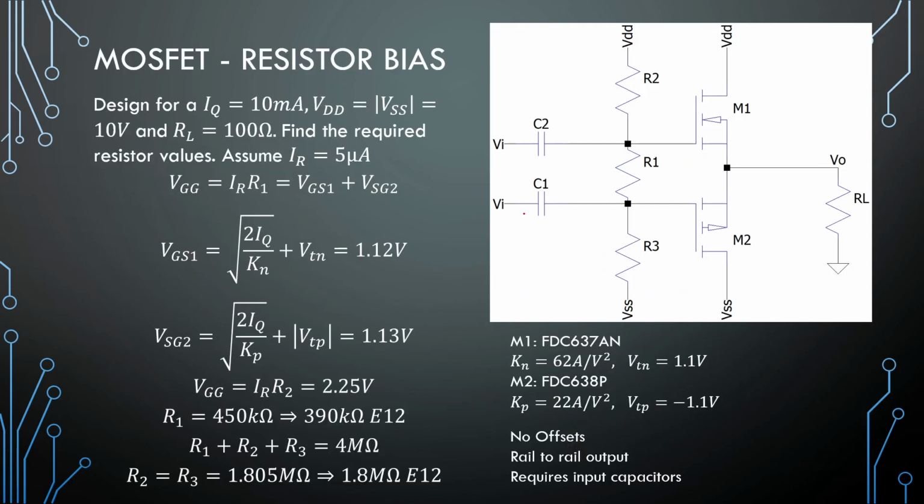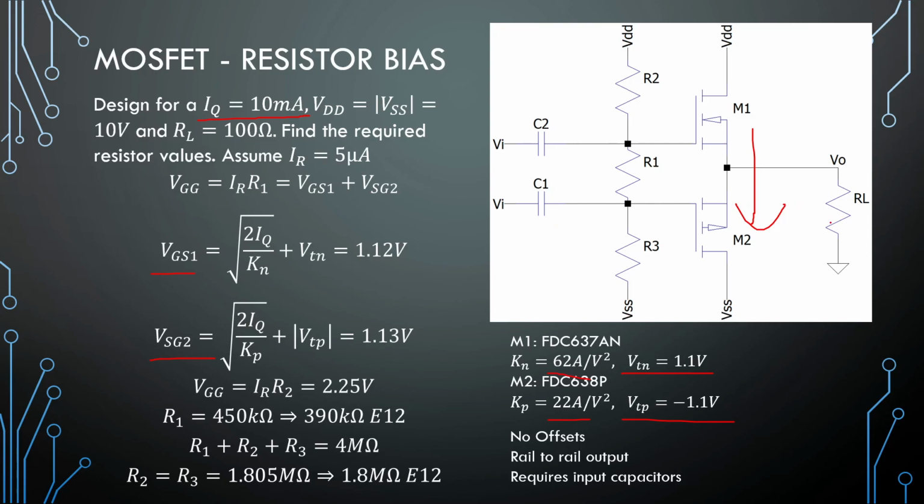So if we put this in a problem, let's say we have two almost matching MOSFETs with a VTN of 1.1 and minus 1.1 volts, Kn of 62 and 22 amps. And if we calculate the VGSs at 1 milliampere, 10 milliamperes, quiescent current should be a 10 milliampere design, which is more accurate.